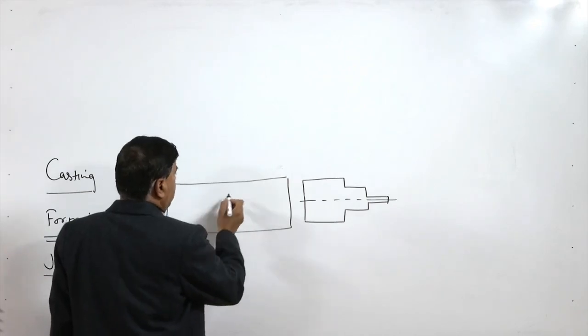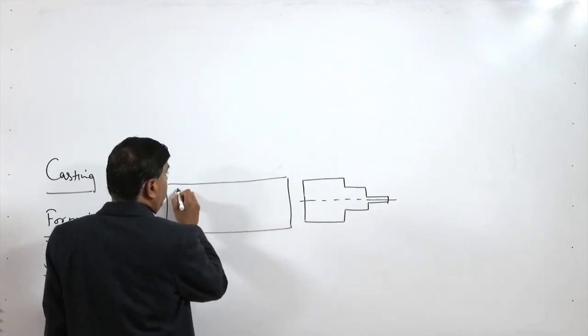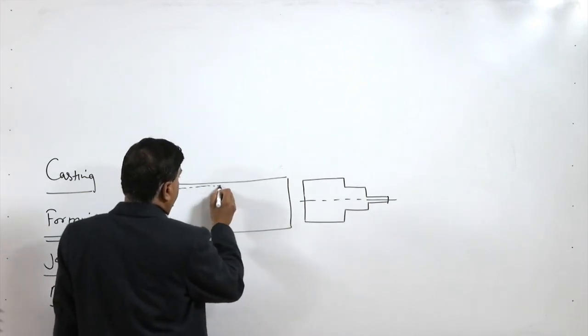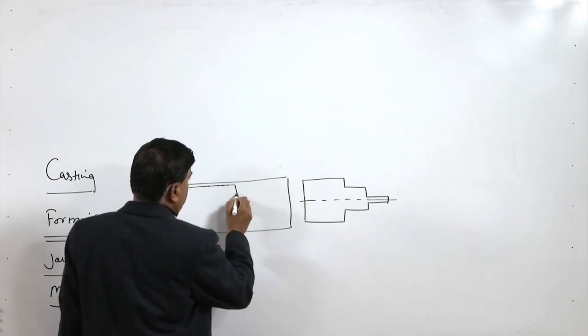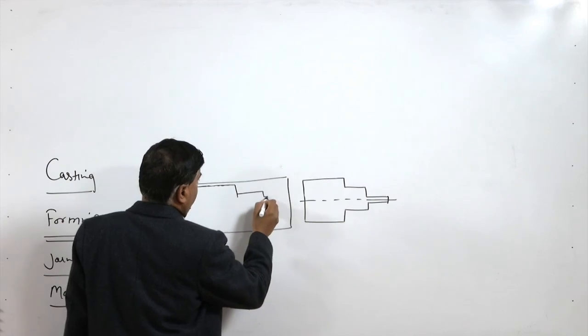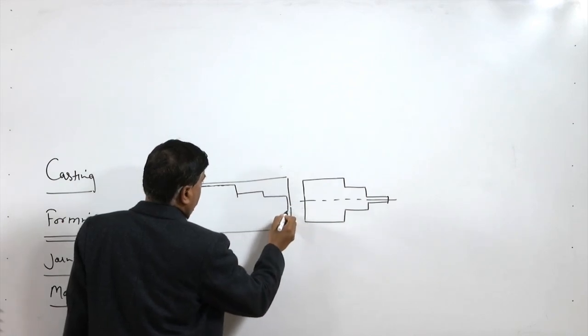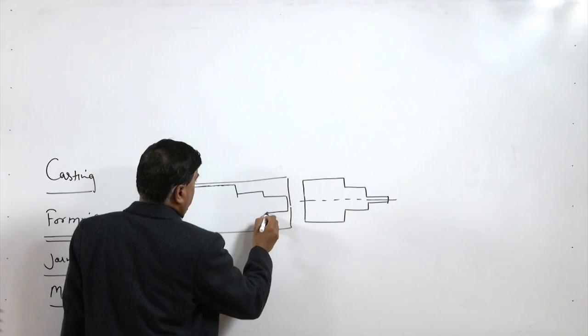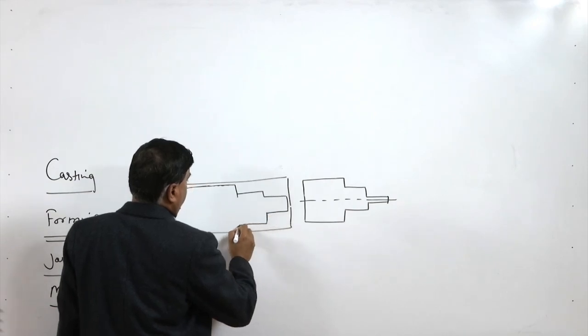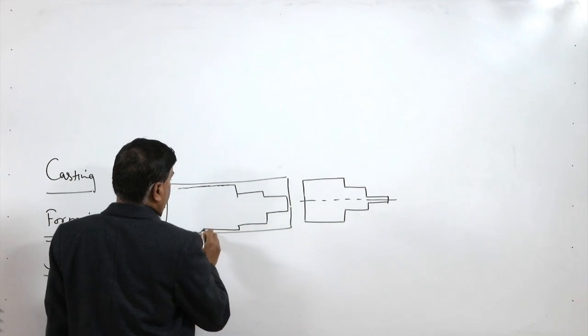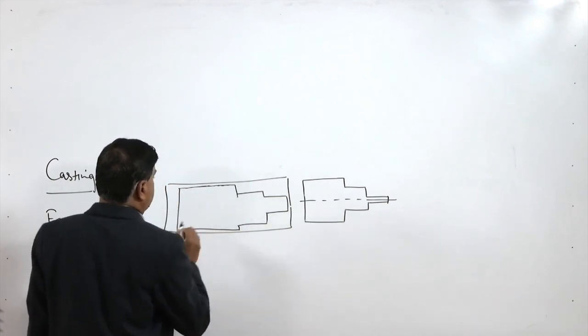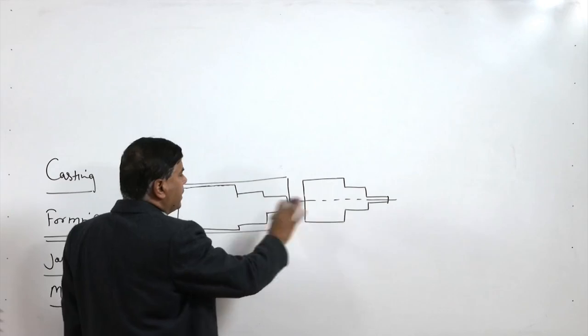So, what we will be doing? We will be just removing all that which is extra. So, this is the material that we want and the remaining things we do not want.